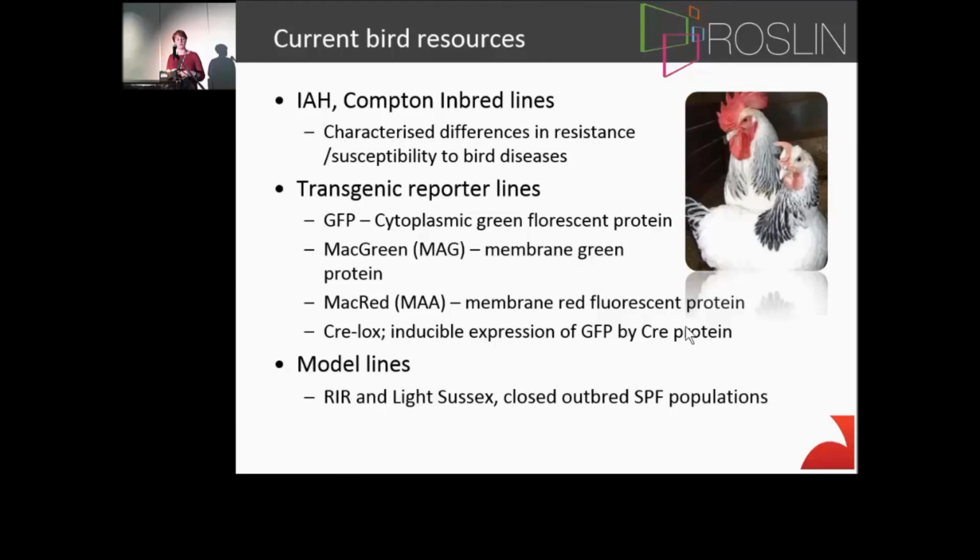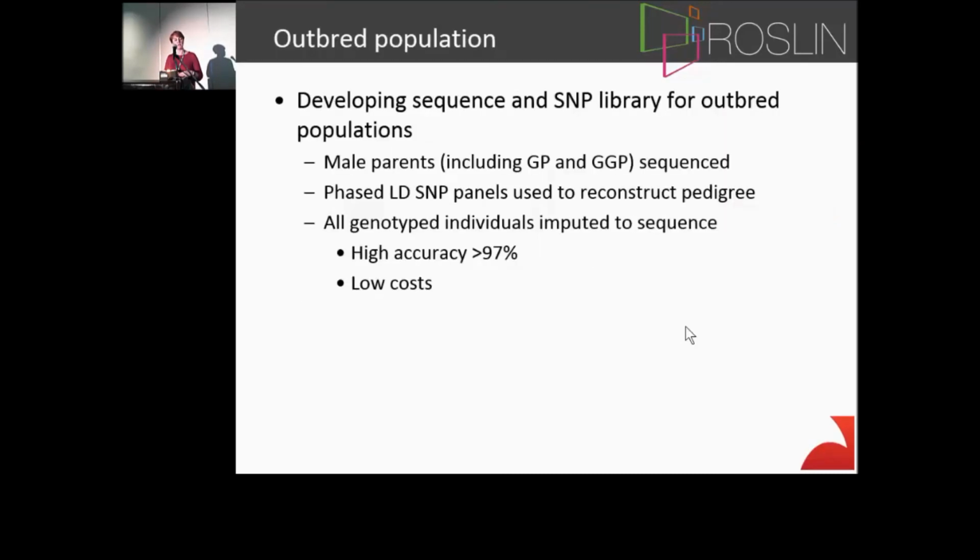We have a number of transgenic reporter lines, which can be used in functional genomic studies and developmental studies. We also have access to a couple of model lines, and we're hoping to develop further model lines to increase our portfolio. These are closed, outbred SPF populations. And this is really where we're hoping to improve the utility of some of our bird resources.